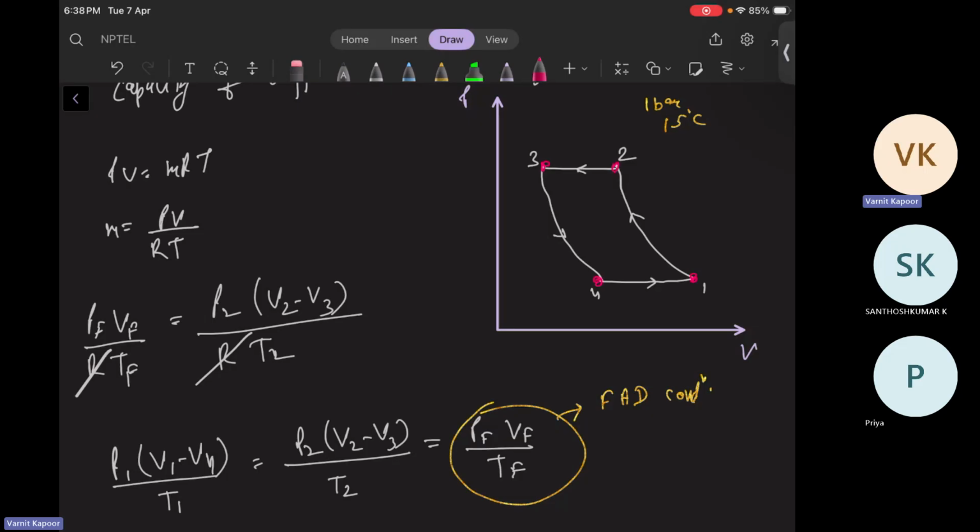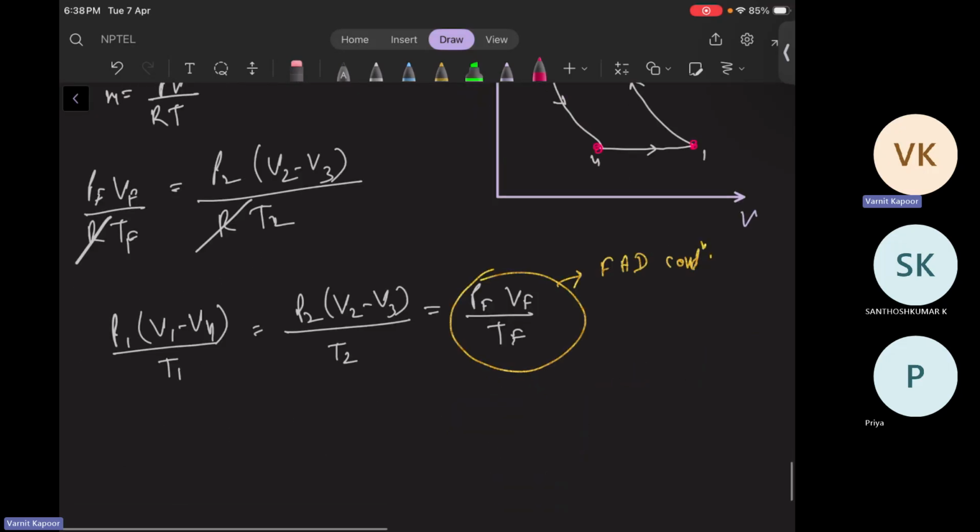Okay. So the mass flow rate at entry of the compressor and its exit are equal, and are also equated and compared with that of free air delivery conditions. So this implies I am just comparing the mass at entry and exit.